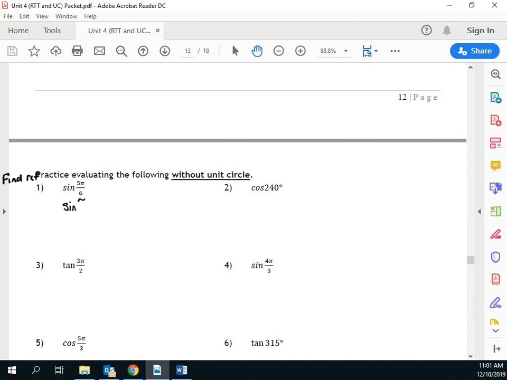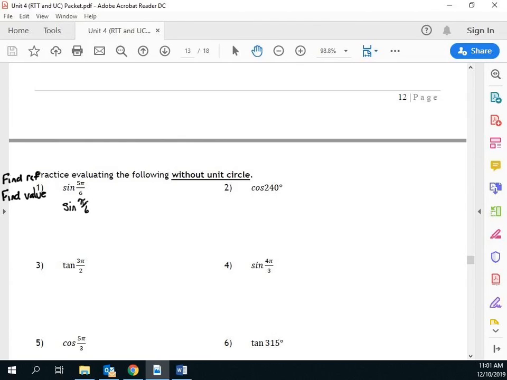So basically, I'm asking you this. Find the sine of pi over 6. So find the reference angle, then find the value of that reference angle. So now, pi over 6.